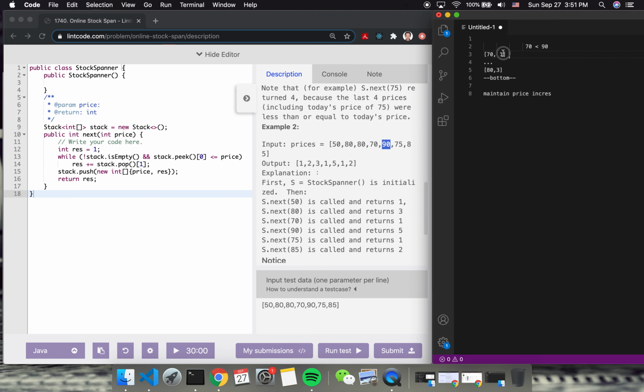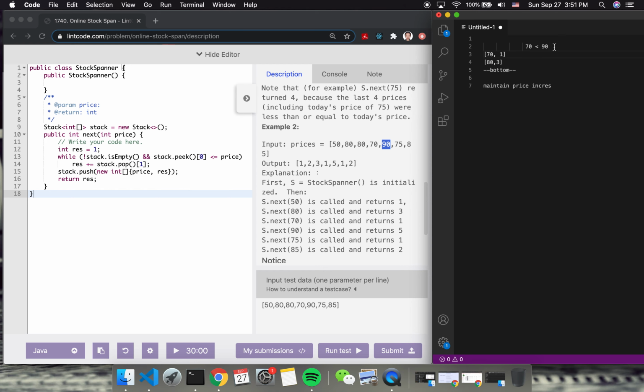So if the top of the stack, the price is 70, it is smaller than the 90, then that means somewhere in this stack the price can be 75 or 82 or 90, so we have to keep popping.